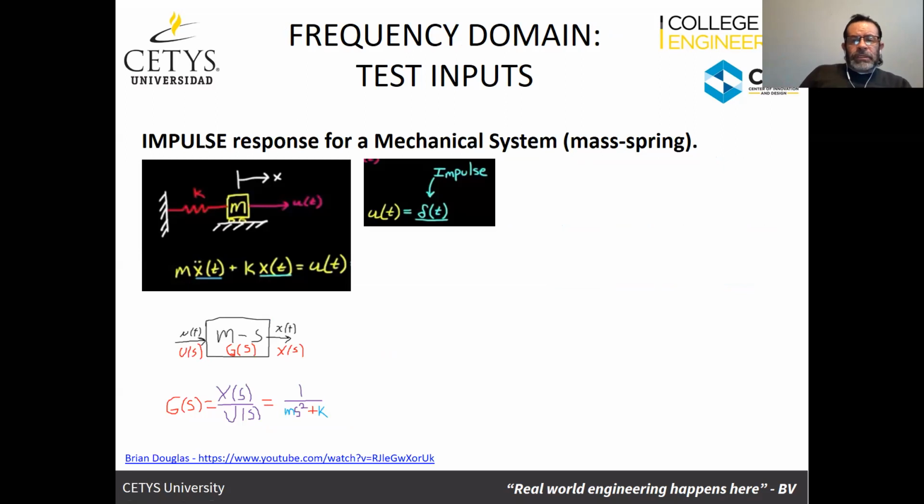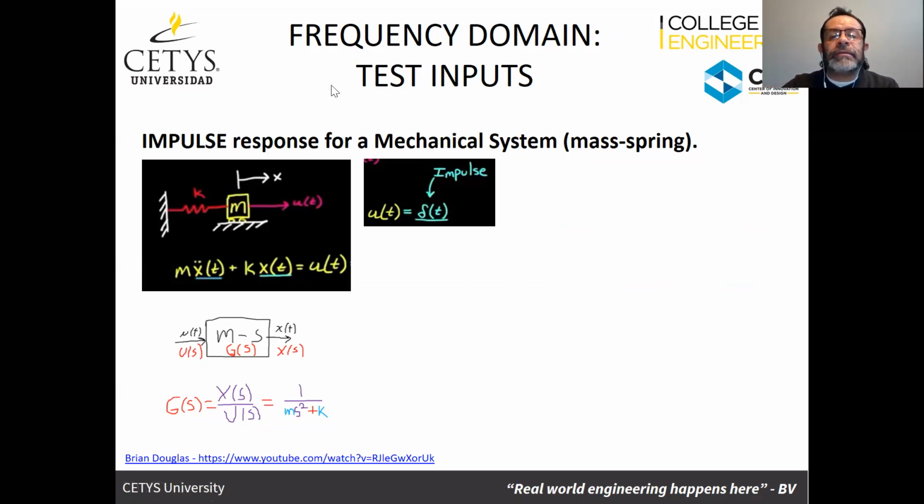Remember this system? This is the first mechanical system we had talked about. It's basically a mass that's connected to a fixed surface using a spring that has a K constant. And we apply a certain force to the system. Because of the force we're applying, we generate a reaction, which is the distance that the mass is going to move.